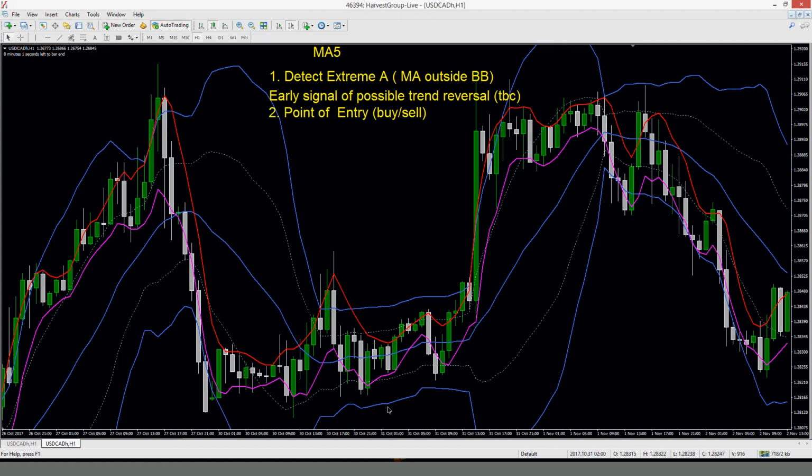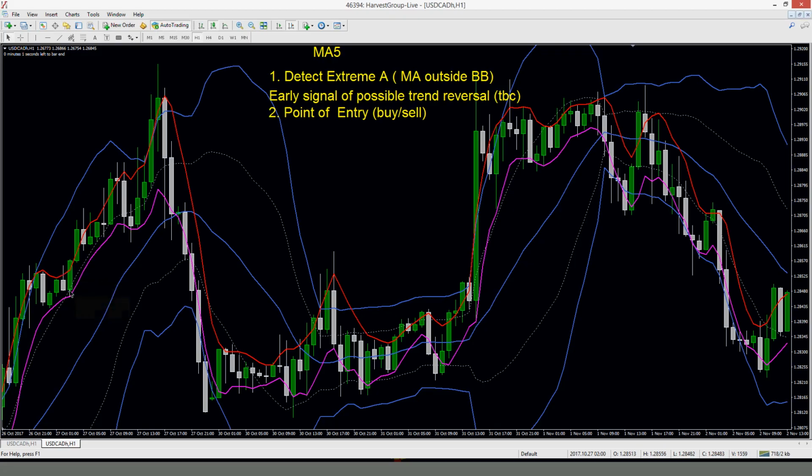So what do I mean by this? Every time we look at MA5 high, whenever the price rejects MA5, the price is going to go down. You can see here, the candle rejects MA5 high, so the price went down. As soon as it went down over here, the candle rejects.